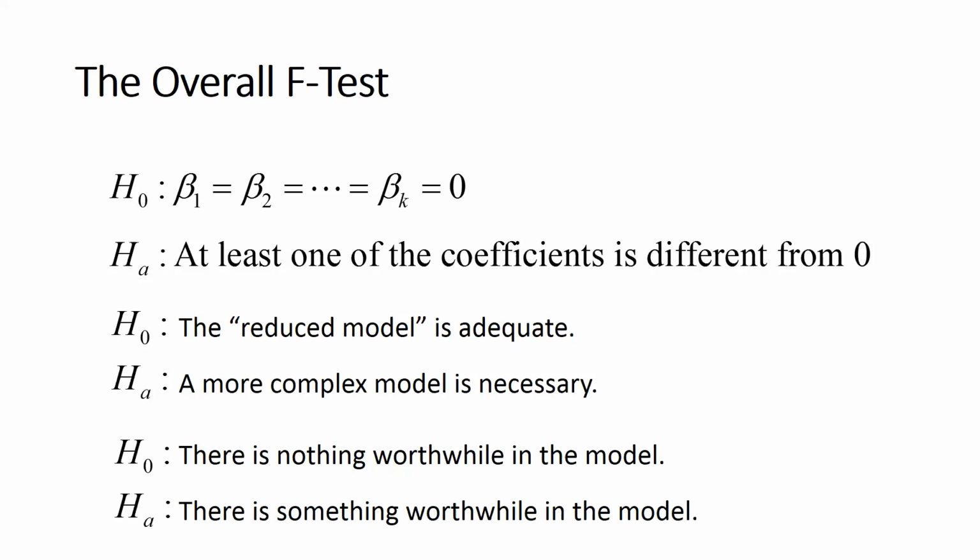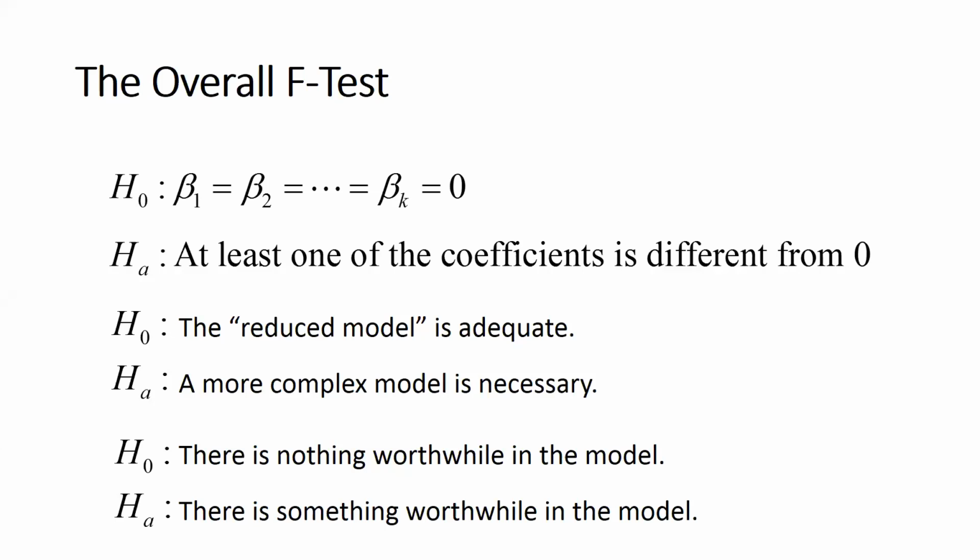So this test is really deciding whether you can get away with the reduced model or whether you do need some more complicated structure. And that idea is pervasive through all different F-tests about whether you're going to use a reduced model or whether you require additional complexity. That's kind of a theme of F-tests in these kinds of structures.